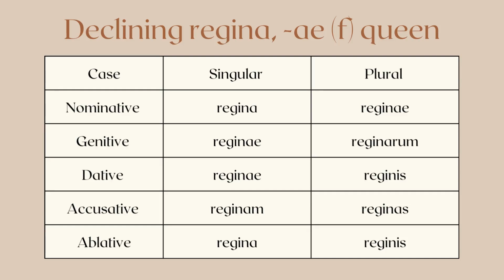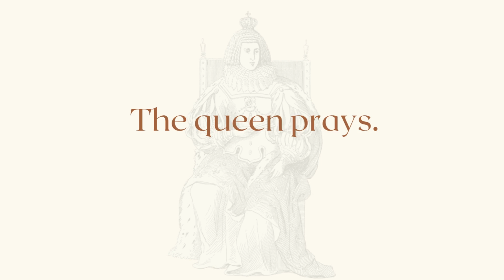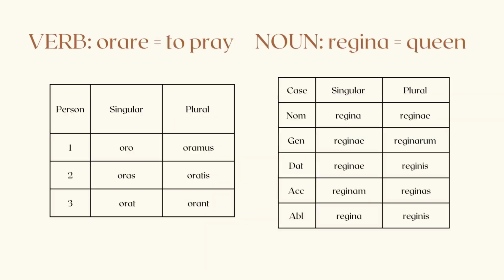We've got a few very simple Latin sentences here, just a verb and a subject noun, and we'll do some translation. First up, we'll translate the Queen prays into Latin. The slide shows 2 tables, the verb paradigm and a noun paradigm. Start with the verb first. It's always good when you're doing analysis of a sentence to start with the verb in Latin or English.